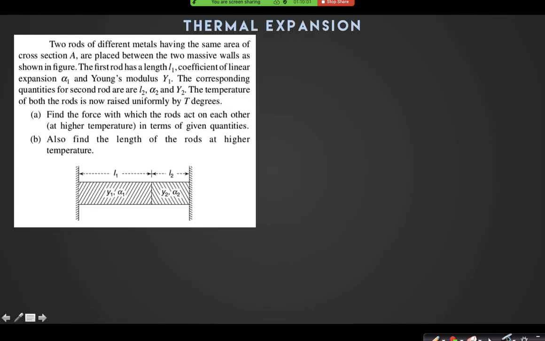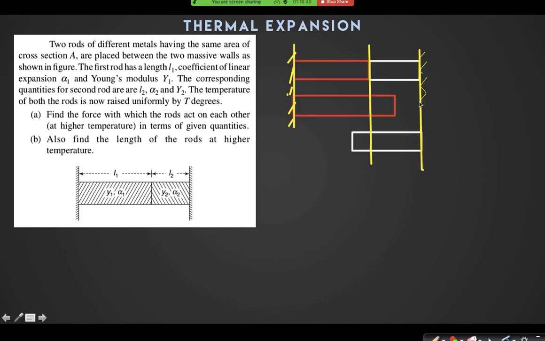Now can you try to solve this question based on a very similar concept that we have just discussed? Just try to form the equations, then we'll check. Okay, look. This is the initial length of this rod L1.